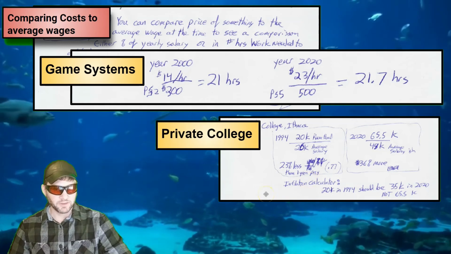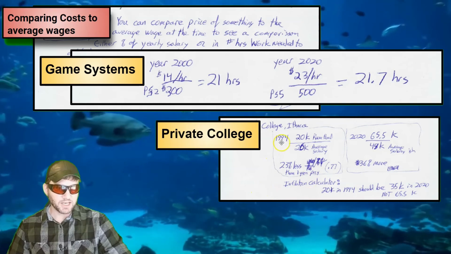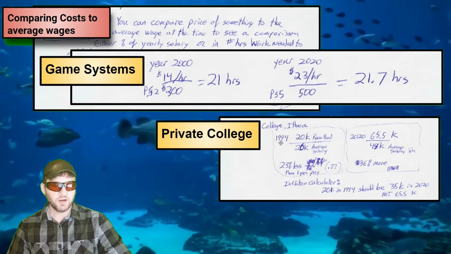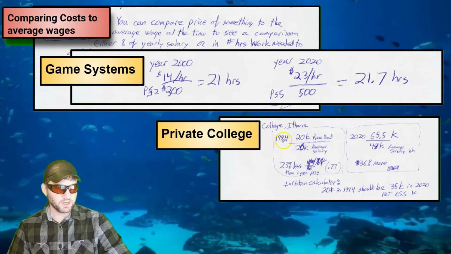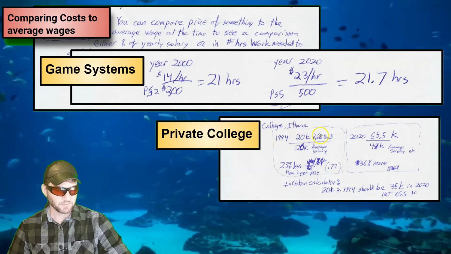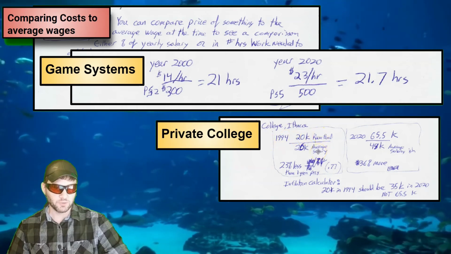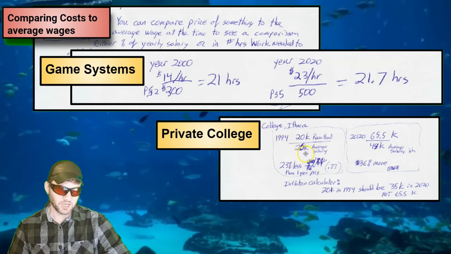So let's take a look with the numbers that I know and can remember fairly well. In 1994, it was roughly $20,000 to go to the private college of Ithaca, for tuition and room and board, living and eating. The average salary, according to some websites, for 1994 was $26,000.